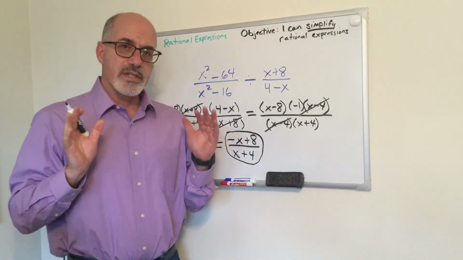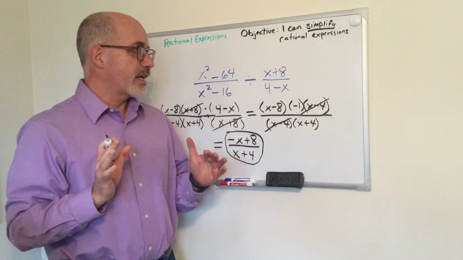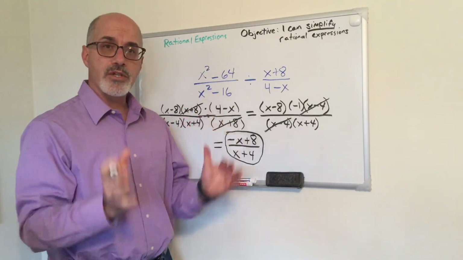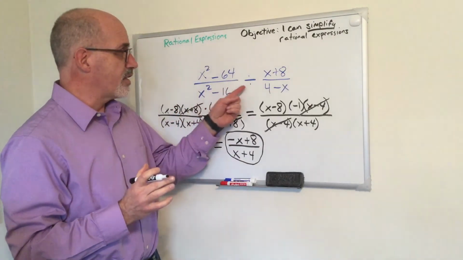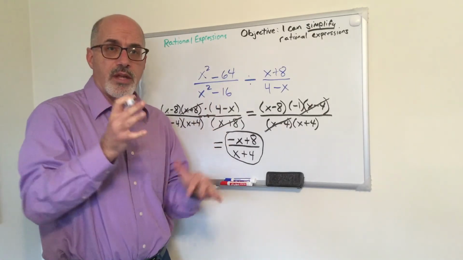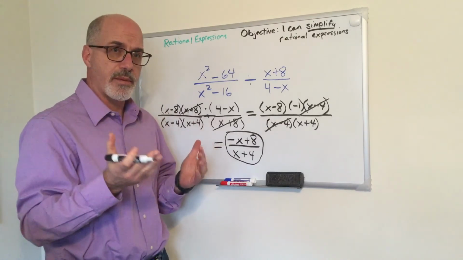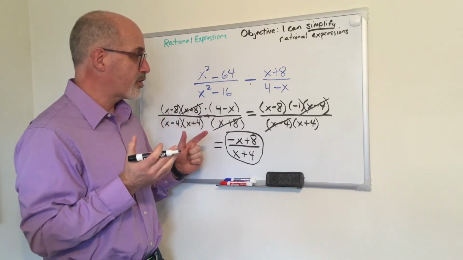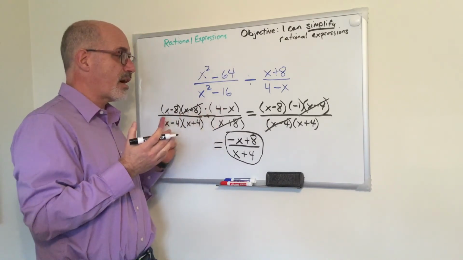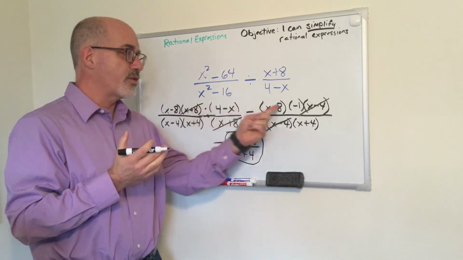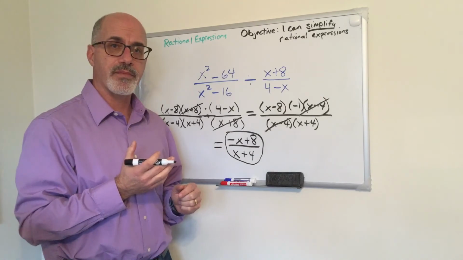So when simplifying these, what I want you to recognize is that the key steps are to factor and reduce, change any division problems into the reciprocal and make it into one multiplication problem with one numerator and one denominator, and then to make sure you recognize when things are opposites. When they have opposite signs for both of them, you can reduce that out to be a negative 1.